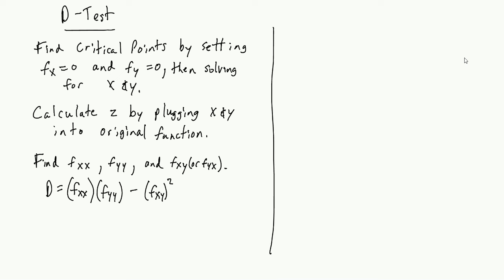Alright, then I'm going to set up a table here. D can be one of three things. It can be a positive number, it could be a negative number, or in rare instances it actually could equal 0. So there's three options there for what D comes out to.